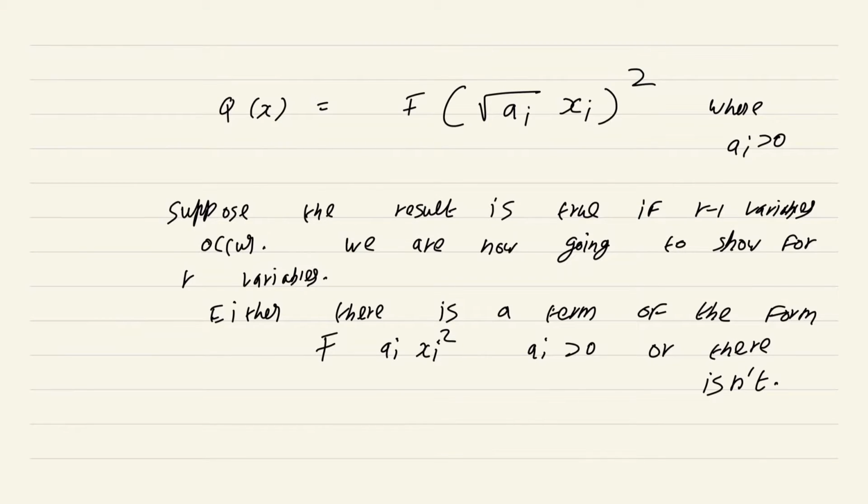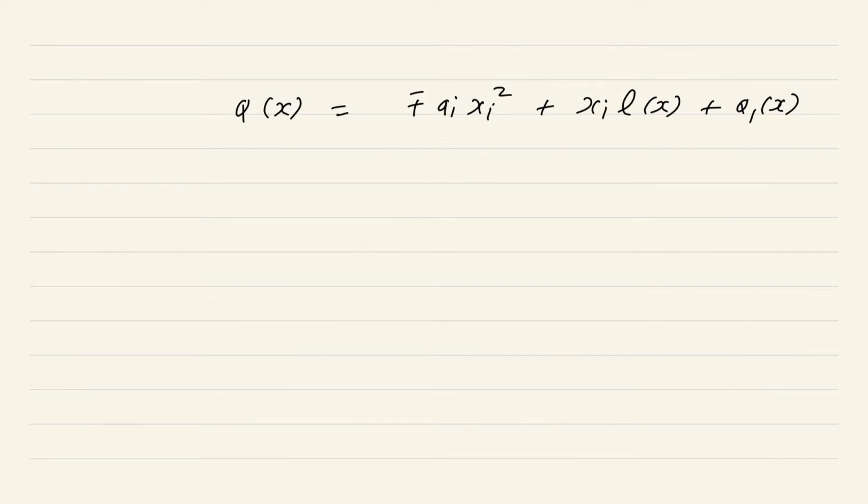Now if plus or minus ai xi squared occurs, then we can do a very simple completing the squares, just like what we did before. What we do is the following. We write q of x as plus or minus ai xi squared plus xi L of x plus some q1 of x. Some explanation is in order.